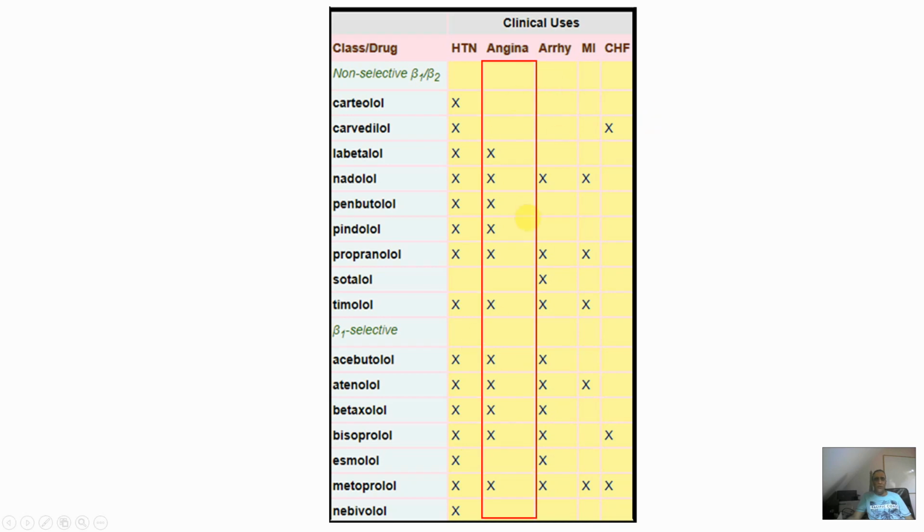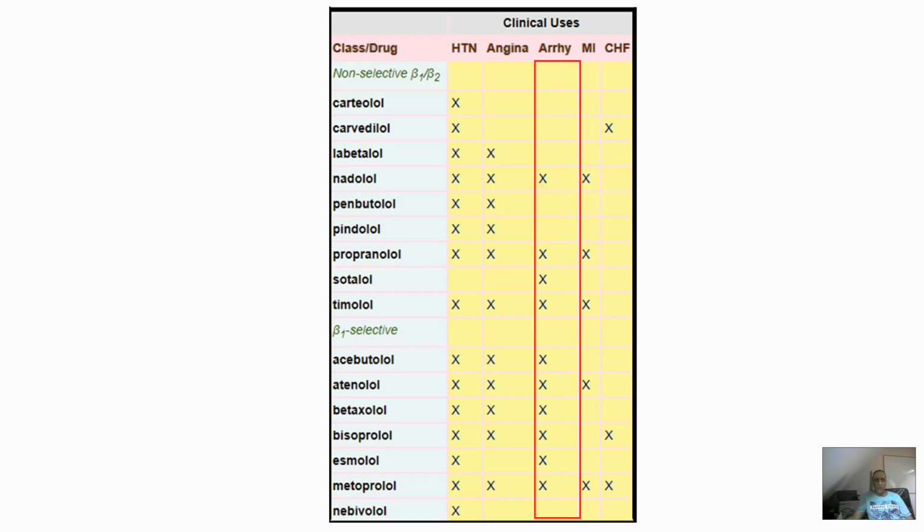For angina we use almost all of the drugs except Carteolol and Carvedilol, also Esmolol and Nebivolol. Nebivolol is a very good drug for hypertension, and this drug is mainly prescribed only for hypertension. And for arrhythmia, we can use some of these beta blockers like Nadolol, sotalol and Timolol.